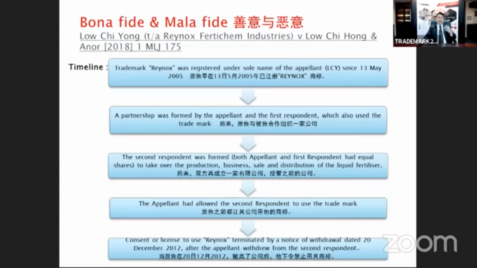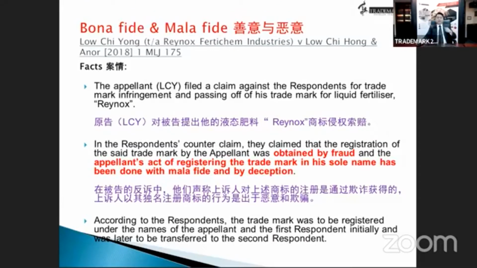I said, hey, I'm the registered owner of the trademark, and now I stop the company from using my trademark because I want to take it back. All right. So of course, in the first instance, the High Court, Lo Chi Hong, maybe the brother, did not agree to it, and they kept using it.